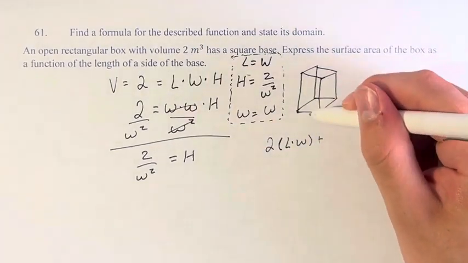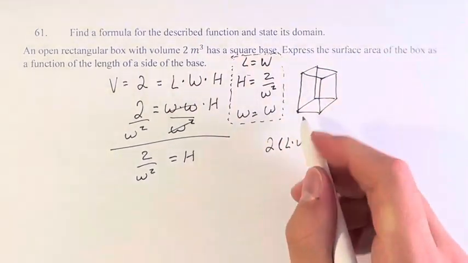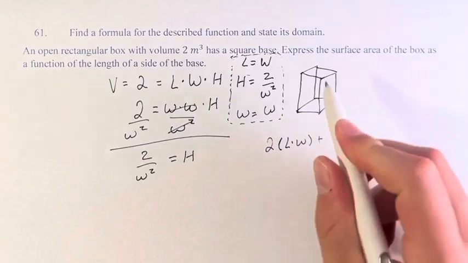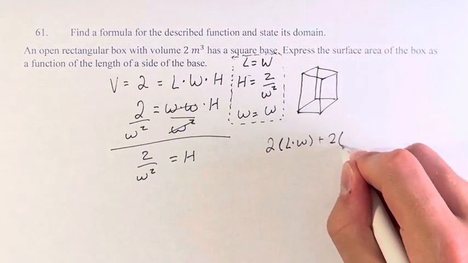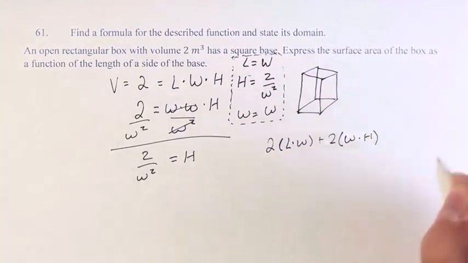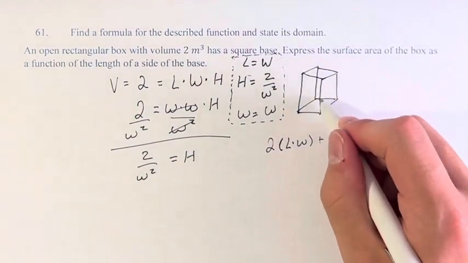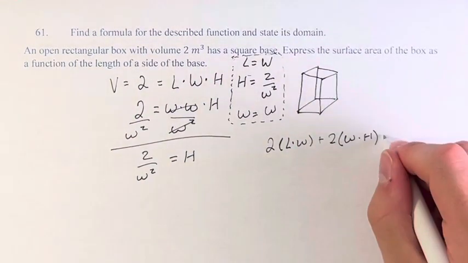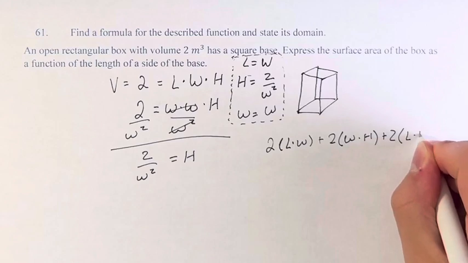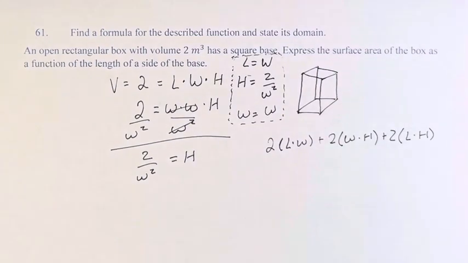The front and the back is equal to the width times the height, so 2 times W times H. And the right and the left are equal to 2 times the length times the height. This is a little complicated. Notice that every combination, LW, WH, LH, all make their way here with the 2 out in front.